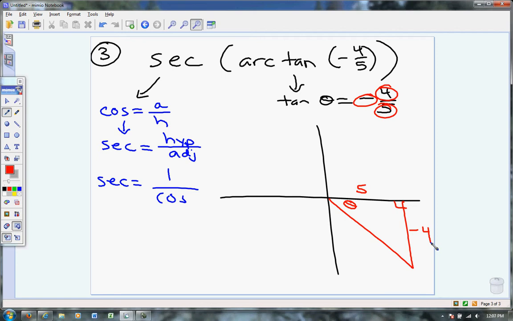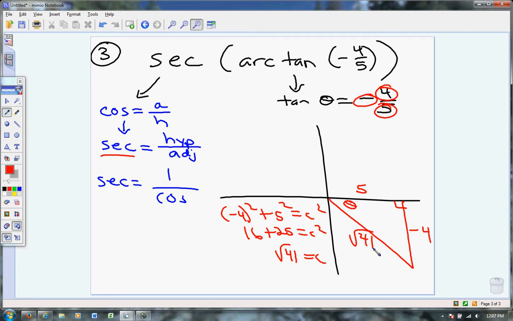I need to find the hypotenuse, because I'm going to need it for secant. So we'll do the Pythagorean theorem. -4 squared plus 5 squared equals c squared. That's going to be 16 plus 25 equals c squared. C is going to equal the square root of 41.